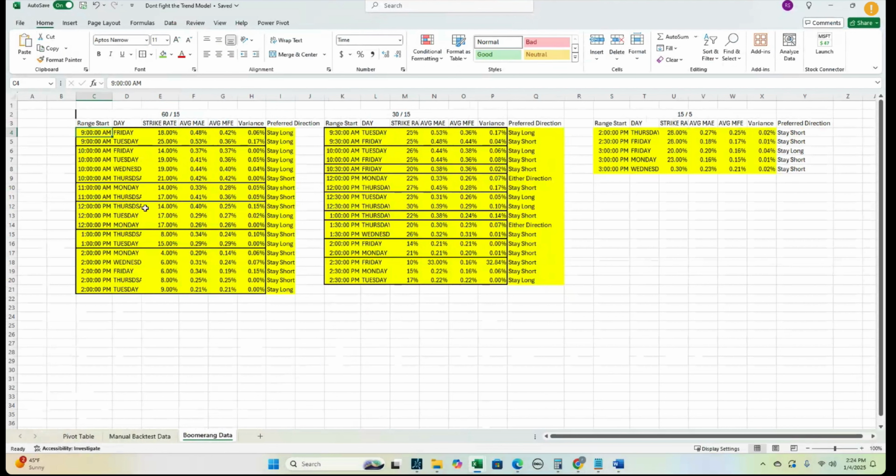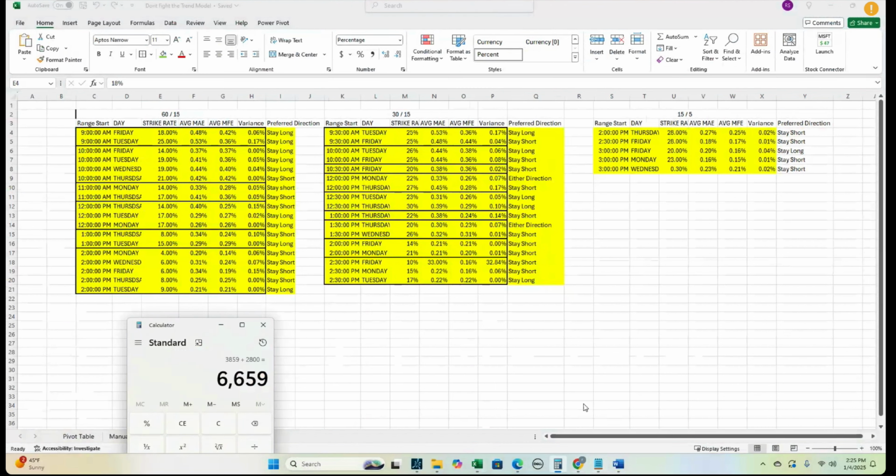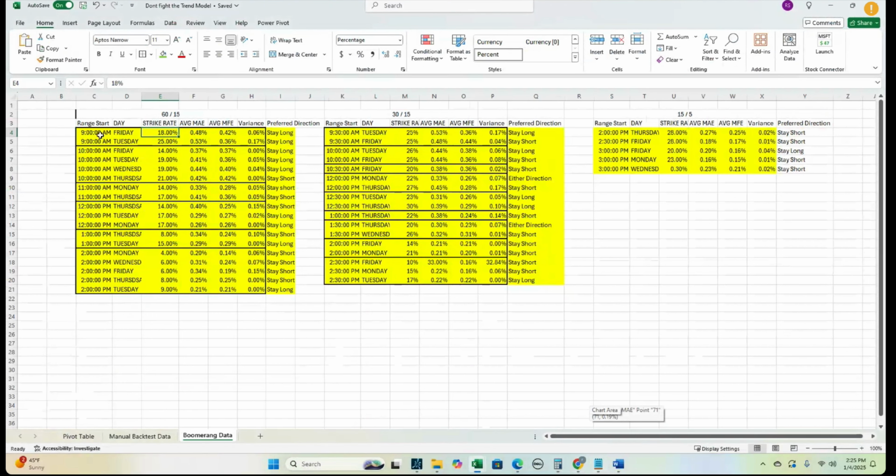So on these days, Fridays at 9 a.m. to 10 a.m., we typically don't go back and touch the other side. We do it on like a 70, what is 18 minus. So 82% of the time, we don't touch that 9 a.m. bottom or top wick, depending on which direction.